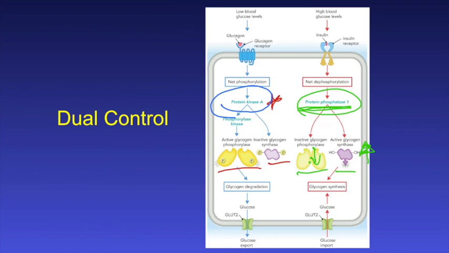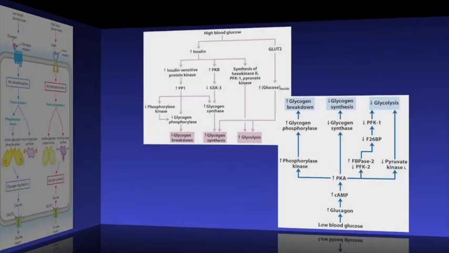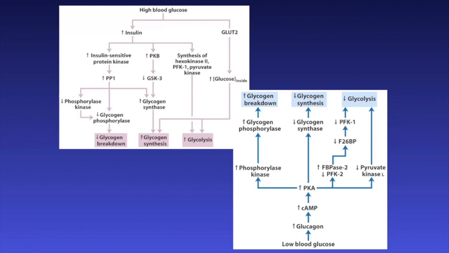And so, this slide does it really well. I think this slide is a little confusing, but in essence, the last slide said this: glucagon will cause PKA to go up. Glucagon hits a receptor on the surface of a cell.